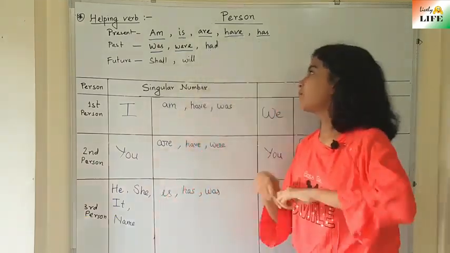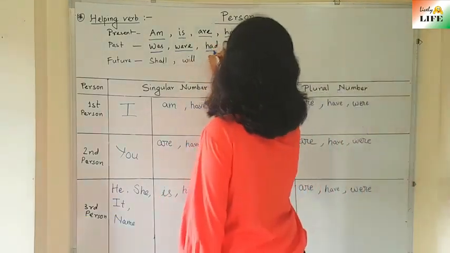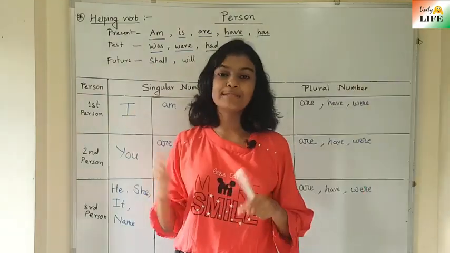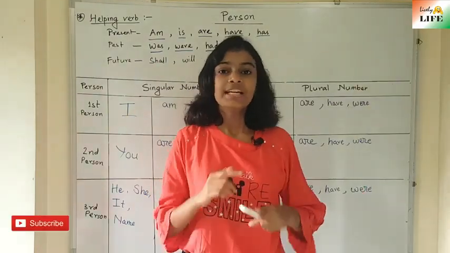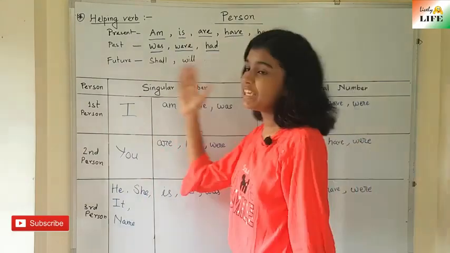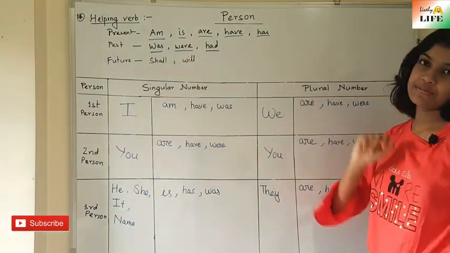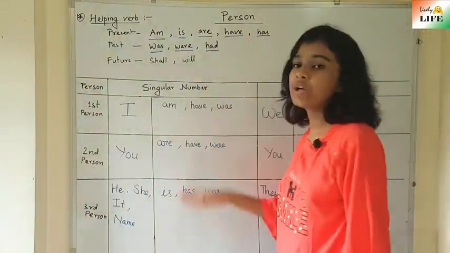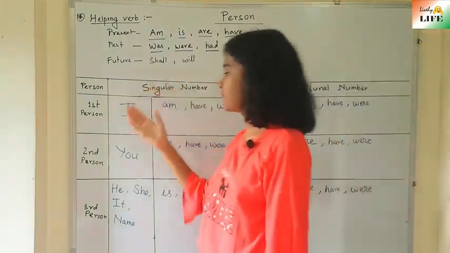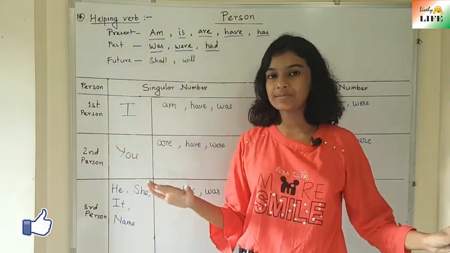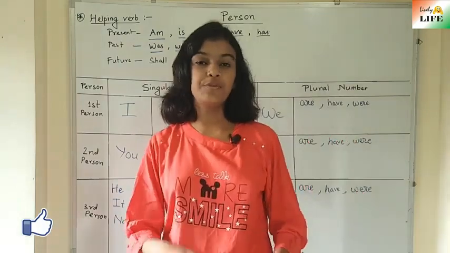Okay. Now, had. Had is basically that helping verb that can be used after each and every one of these persons. Okay. Whether it is singular, whether it is plural, first person, second person, third person, it doesn't matter. Had can be used everywhere.